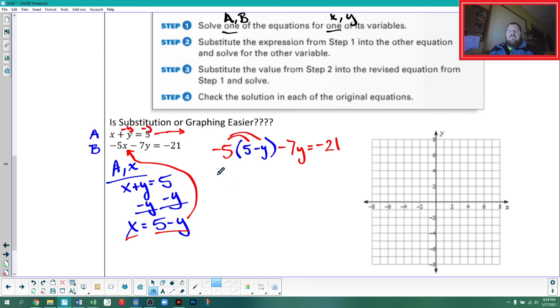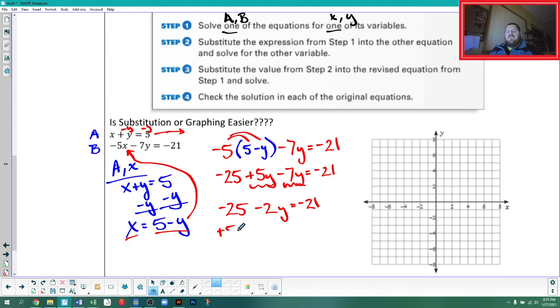Negative 5 times 5 is negative 25. Negative 5 times negative y is plus 5y. Minus 7y equals negative 21. Combine my like terms on the same side, and I get negative 25 minus 2y equals negative 21.